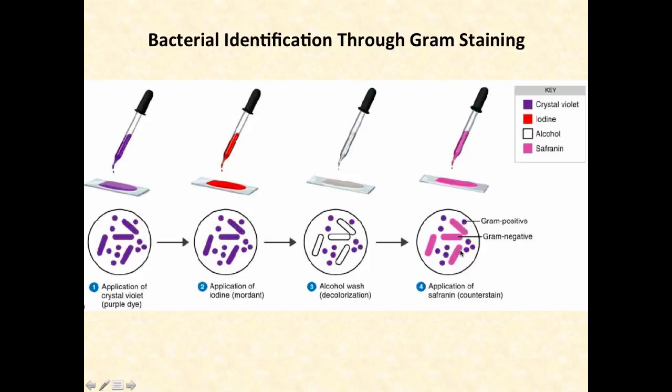The original crystal violet and then this safranin pink. Okay? And the safranin pink bacteria are what we call gram-negative, and the ones that remain crystal violet are gram-positive. So we now have identified two different kinds of bacteria.